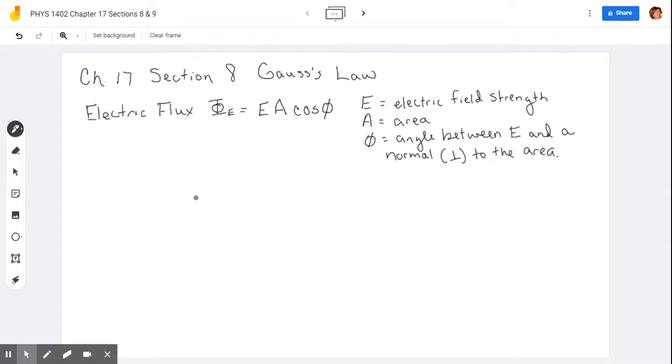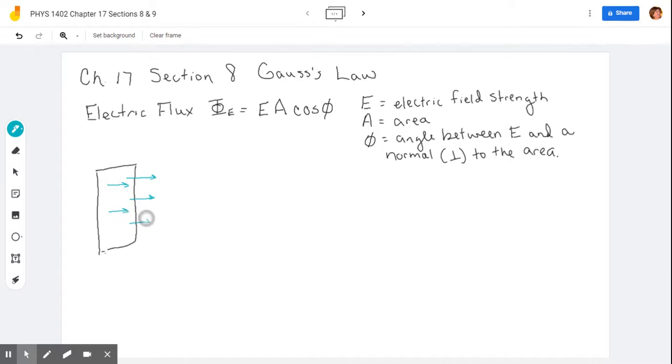Now, I think it'll make sense if I draw some pictures. Suppose that we've got a rectangular area like this. Coming through that, I'm going to draw the electric field lines in blue. The electric field is pointing to the right, so we've got a variety of these electric field lines.